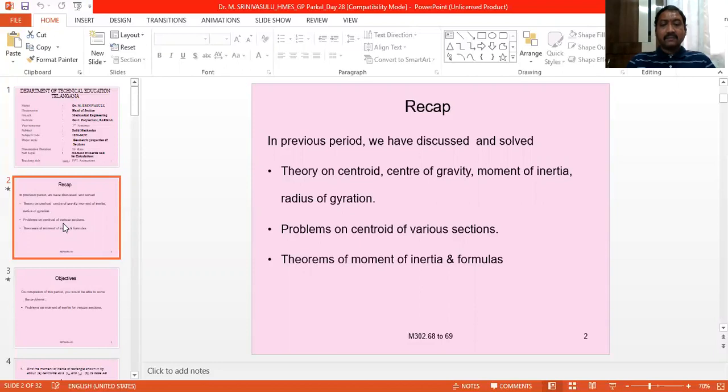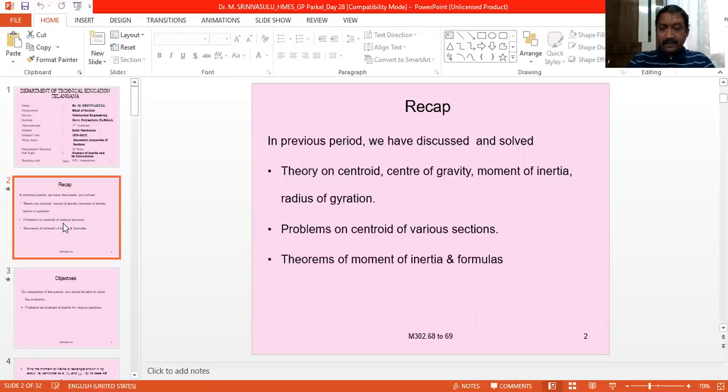And also we had problems on the centroid of simple standard figures and also the CG of the composite figures.